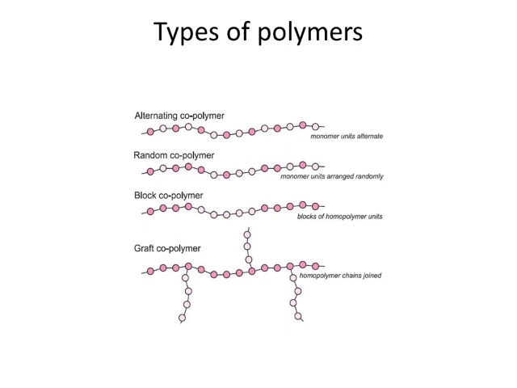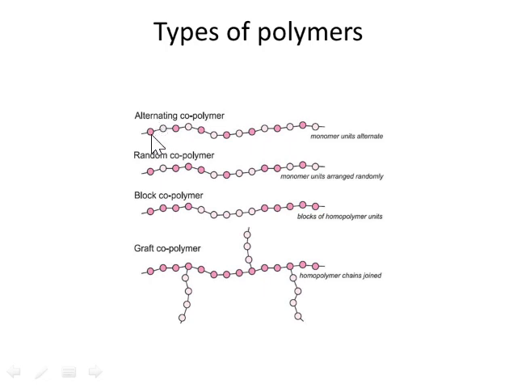Types of polymers. Here you have totally four types of polymers: alternating copolymers, random copolymers, block copolymers, and graft copolymers. What is the meaning of alternating copolymers? Here you have one type of molecule and then another type of molecule.